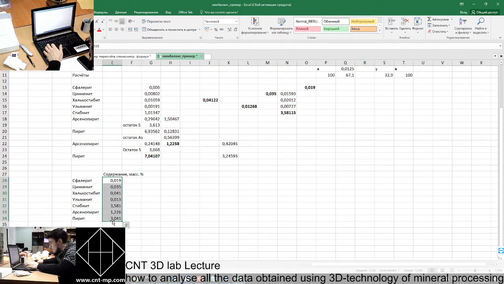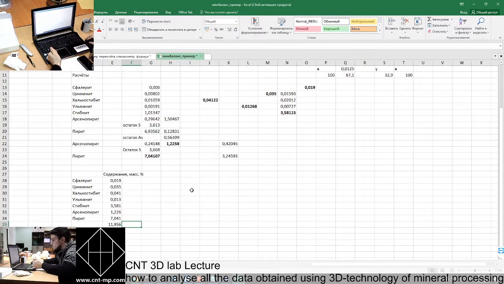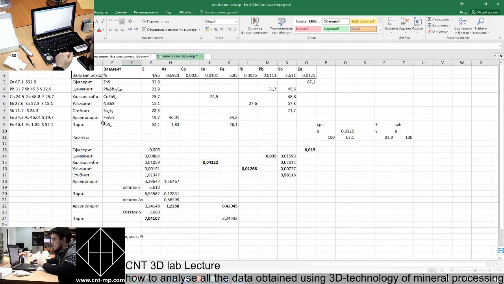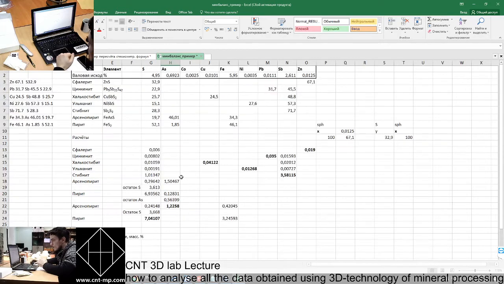So almost 12% consists of heavy minerals, but the other 88% is presented by quartz, by chlorite, by schists, and so on, which are not so interesting for beneficiation, because the main goal is to understand how to get a stibnite concentrate and gold with an arsenopyrite concentrate. Alright?